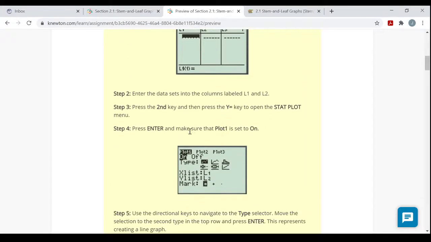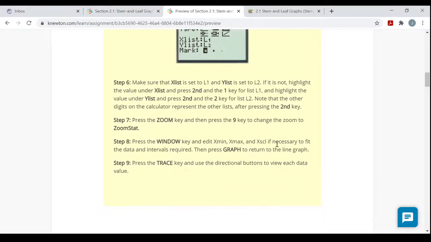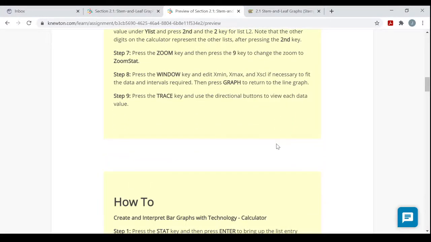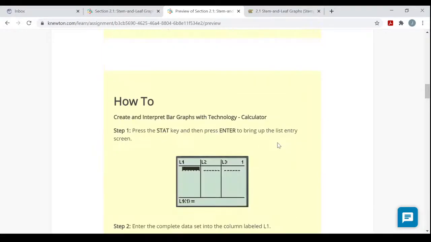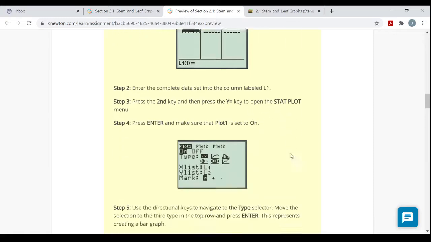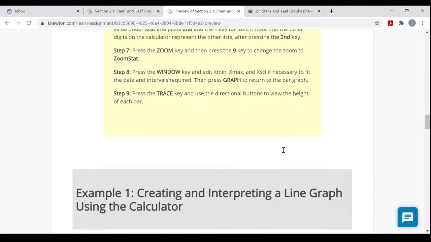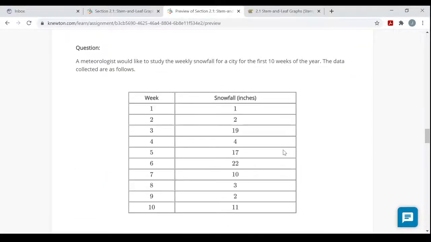And you go to the stat plot and follow these steps, and I'll show you these steps when we get to a problem. All right, I'll actually pull it up on paper. And then here's how to create a bar graph on your TI-84. Now this is only going to be entering one list of data and then going to stat plot and creating a bar graph. All right, and like I said, I'll show you here.